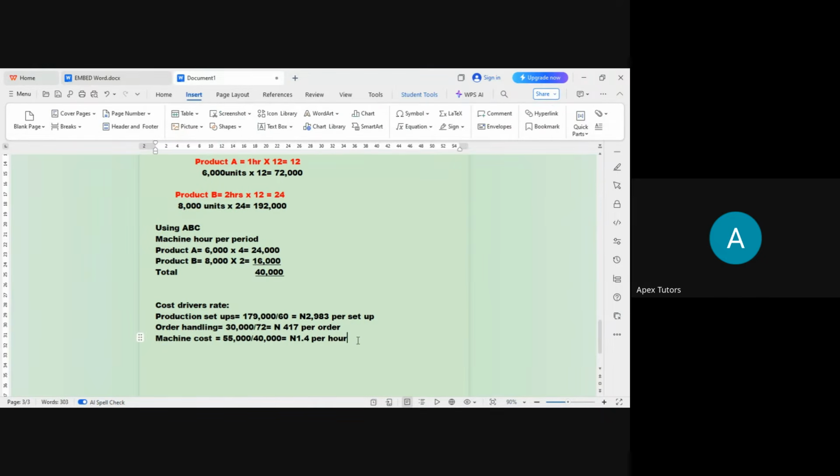The question now is, if you're going to pay this per setup, for you to determine the overhead, what will you do? Since you've determined this, the drivers in relation to overhead, the question you have to ask yourself, if this is per setup, how many setups do I have for product A? How many setups do I have for product B?